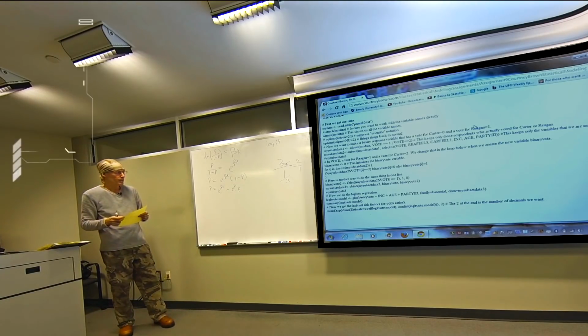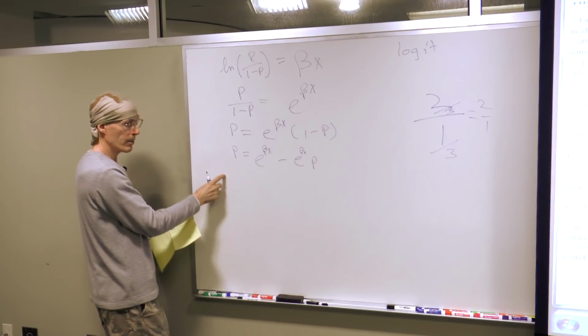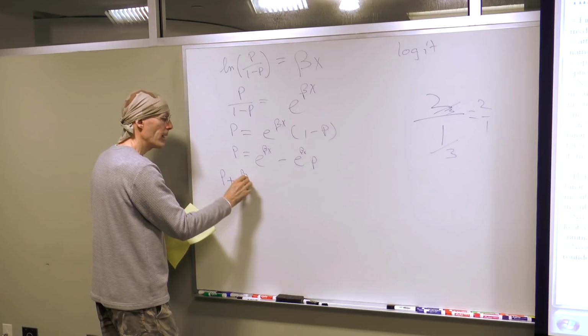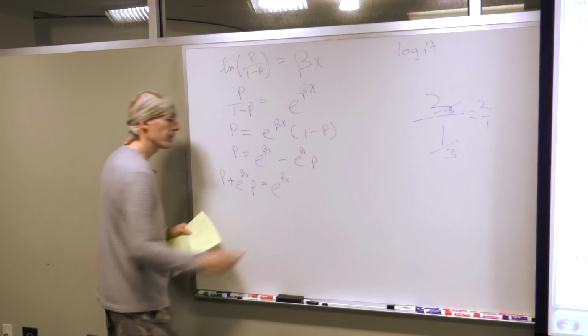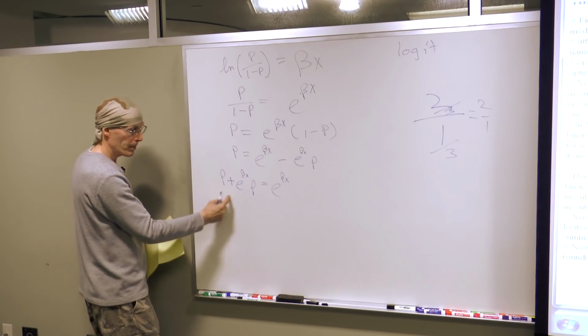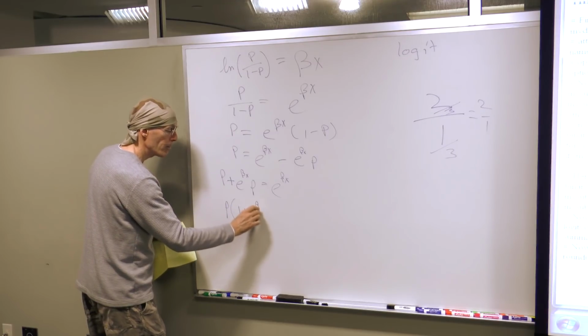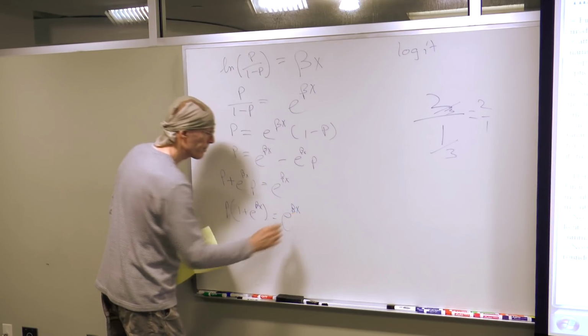So I multiplied e to the beta x through the brackets, and I got that. Now I want to take this term that has a p in it and throw it on the other side. So I have p plus e to the beta x times p equals e to the beta x. And now I want to factor out this p. So I have p times 1 plus e to the beta x equals e to the beta x.